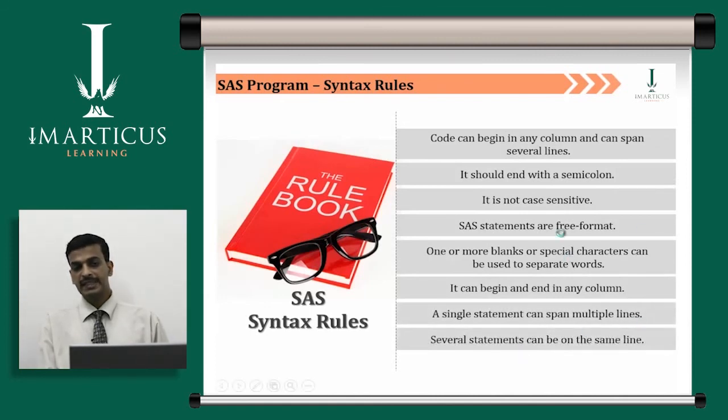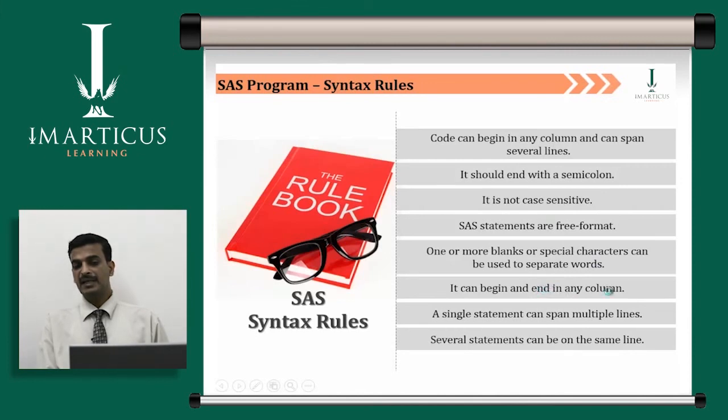These are some rules and guidelines which one must follow while writing SAS code in the SAS code editor. Your code can begin in any column and can span several lines. It should end with a semicolon. It is not case sensitive. SAS statements are free format. One or more blanks or special characters can be used to separate words.